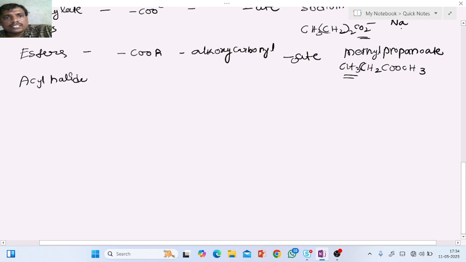Okay, what are acyl halides? If you carefully see them, COX is the IUPAC functional group name. X equal to, as you know, fluorine, chlorine, bromine, iodine, etc. can be represented. And what will be the prefix? Halocarbonyl can be taken.